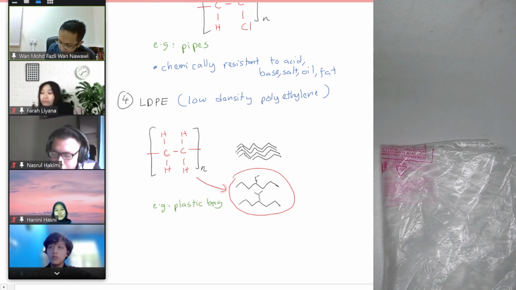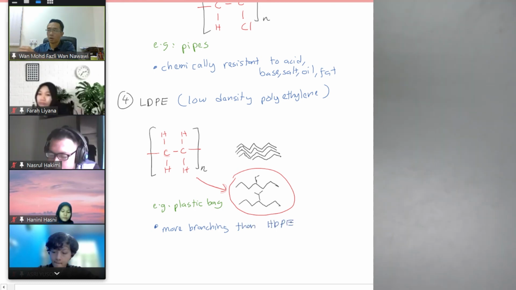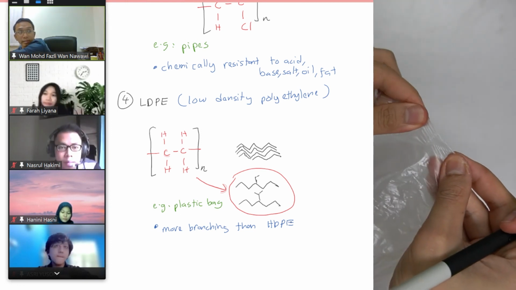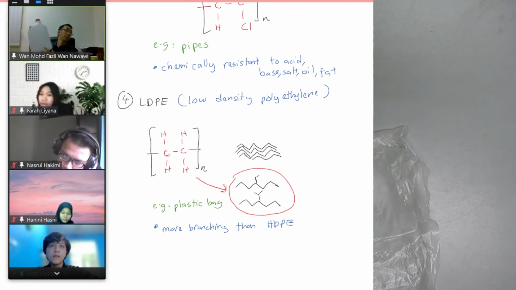LDPE has low branching. The properties: it has more branching than HDPE, so its intermolecular force is weaker. That's why this plastic you can break easily, compared to a jug, which you cannot.